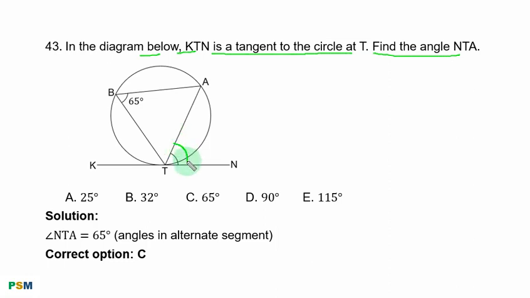Angle NTA is between the chord AT and the tangent KTN, and as such, it is equal to the angle in the alternate segment. Therefore, angle NTA is equal to 65 degrees. The correct option is C.